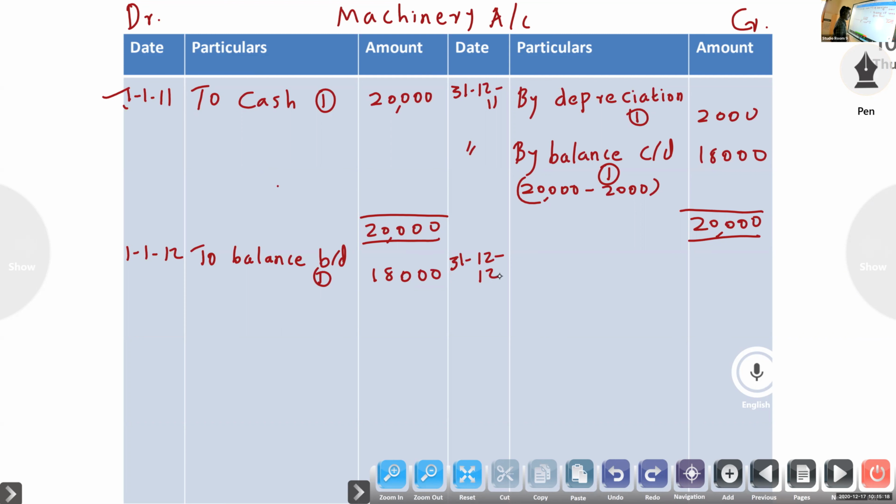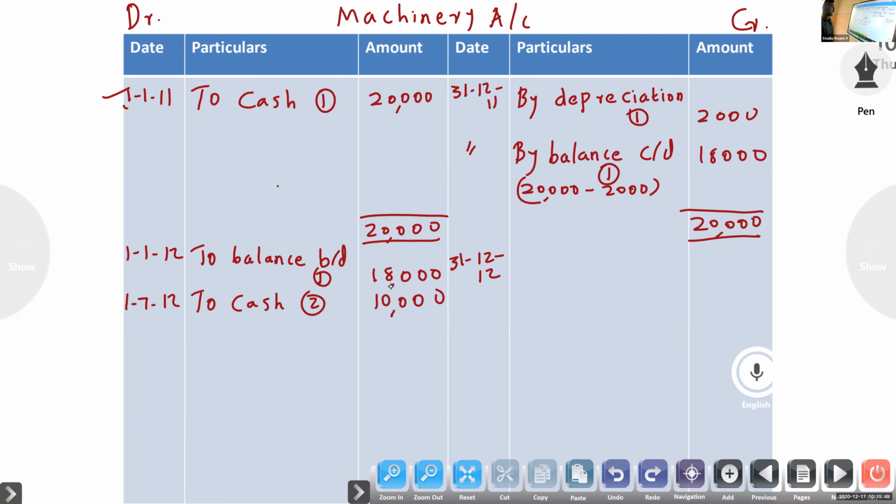Before that, any other transaction? Yes, 1st July 2012. We purchased another machinery, rupees 10,000. So 1/7, 1st July 2012, to cash, second one, 10,000.